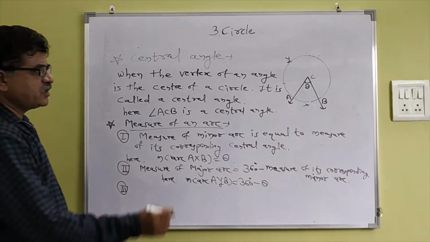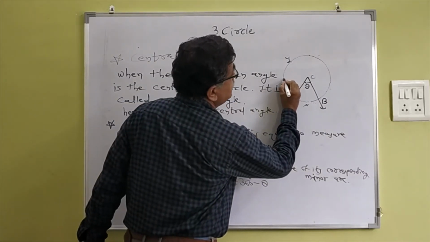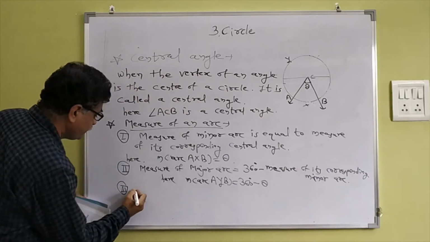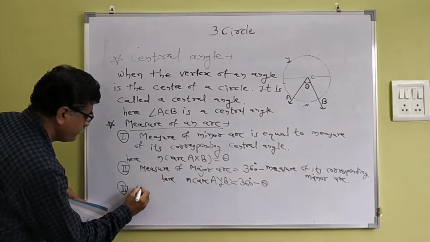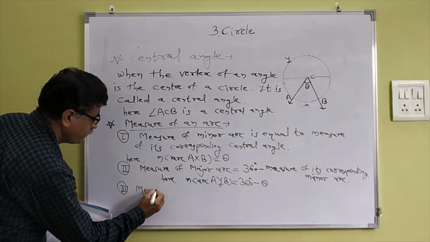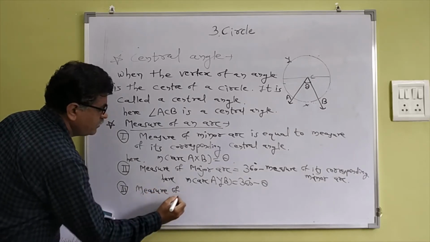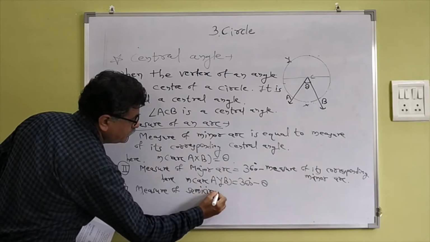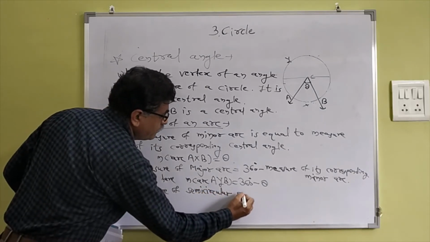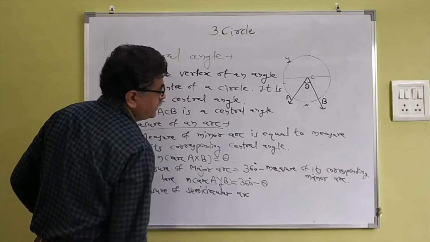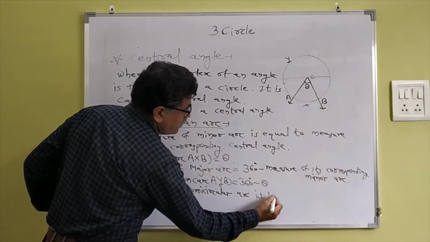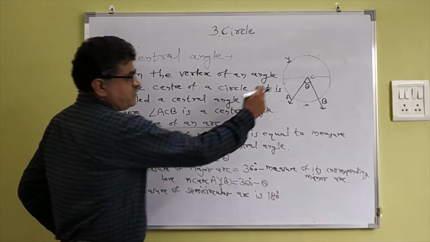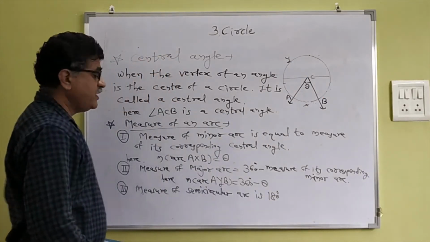Number 3, measure of a semicircular arc. Suppose this is a semicircle. This is a semicircular arc. The measure of a semicircular arc is 180 degrees.